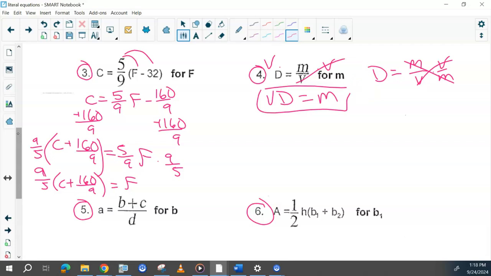So I don't think that would help you. Any other ideas? How would we solve that one for v? Multiply those by... That would just give you m squared. This is all that would do. That wouldn't help you.